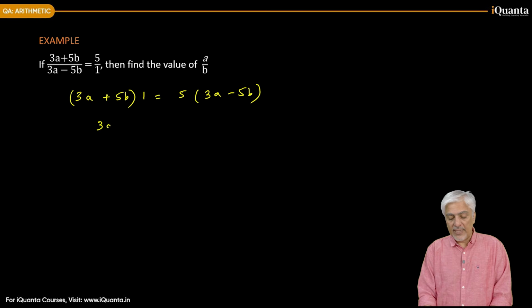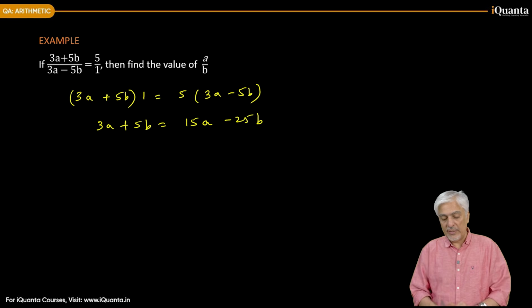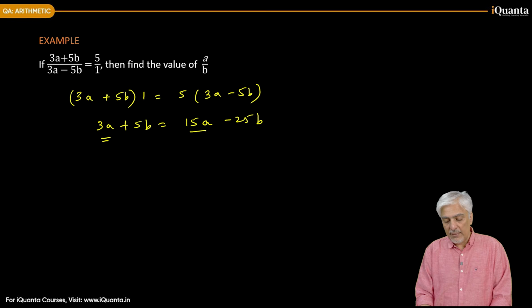If I open these brackets up, I'll get 3a plus 5b is 15a minus 25b. Bring all a's on one side, all b's on one side. 3a minus 15a, so it'll become minus 12a. And minus 25b minus 5b, that will become minus 30b. I can cut the negative out.